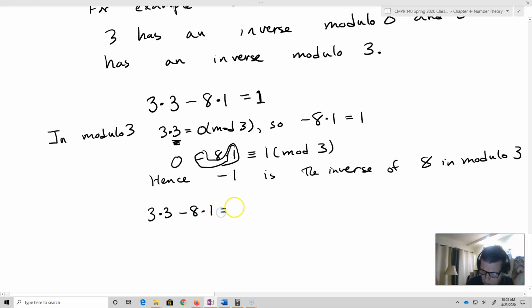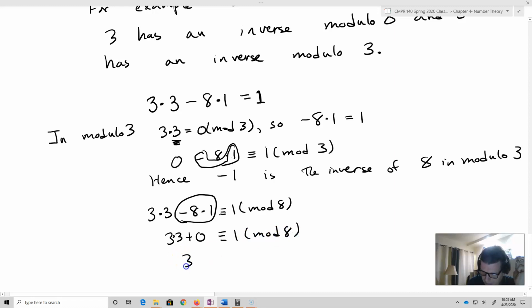Conversely, if I have 3 times 3 minus 8 times 1, that is equivalent to 1 mod 8. Now negative 8 times 1 equals 0. So I have 3 times 3 plus 0 is equivalent to 1 mod 8. And so consequently 3 times 3 is now equivalent to 1 mod 8.